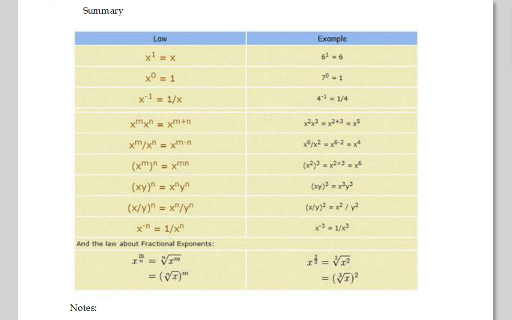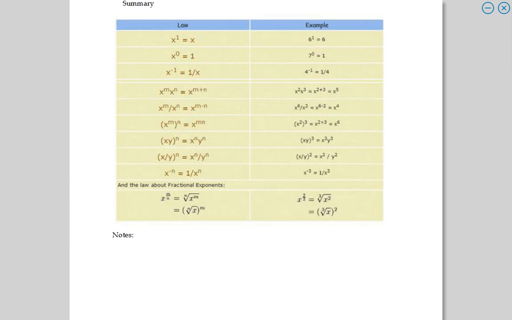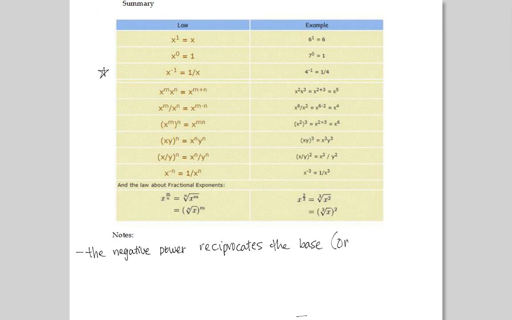Basically, the negative power reciprocates the base, and that's all it does. That's the only thing it does. The negative power reciprocates the base.